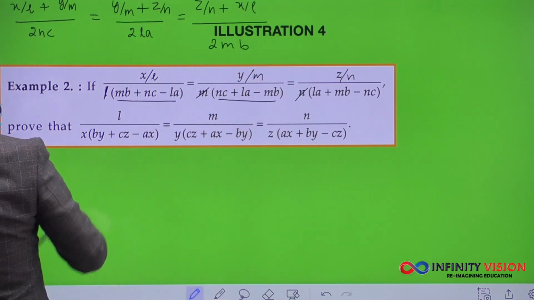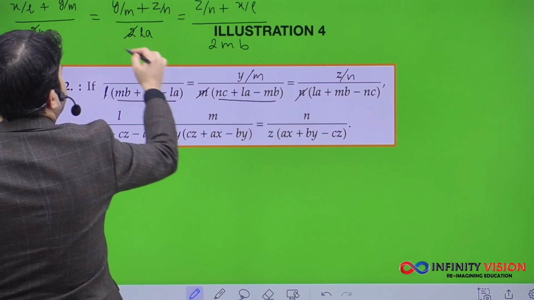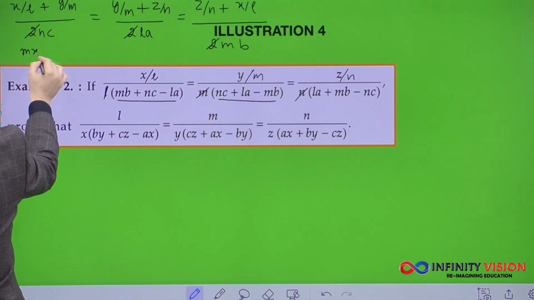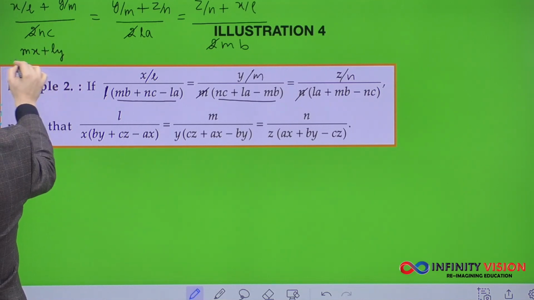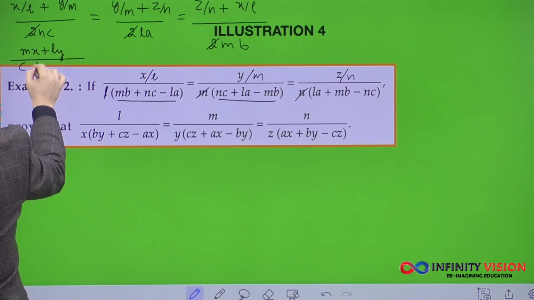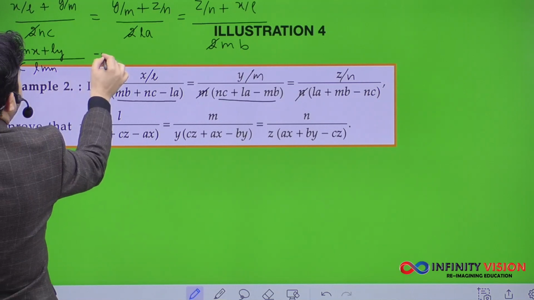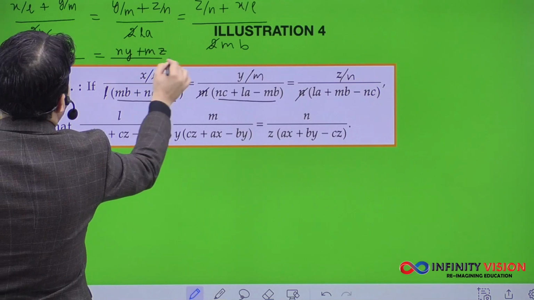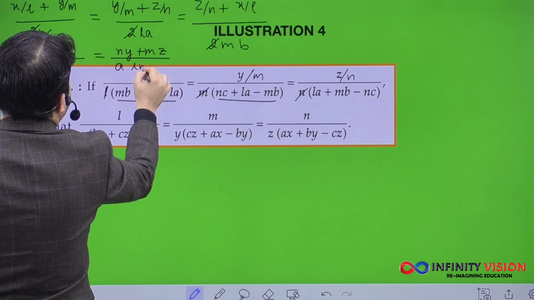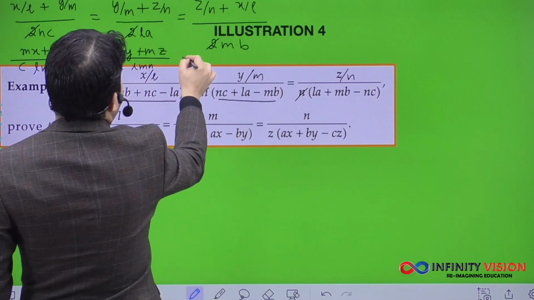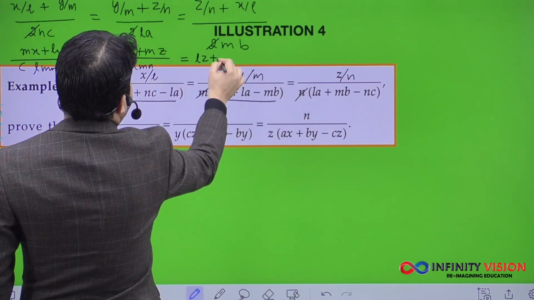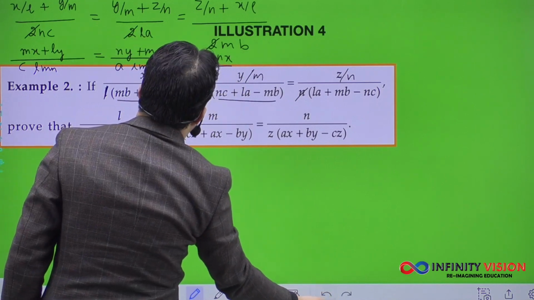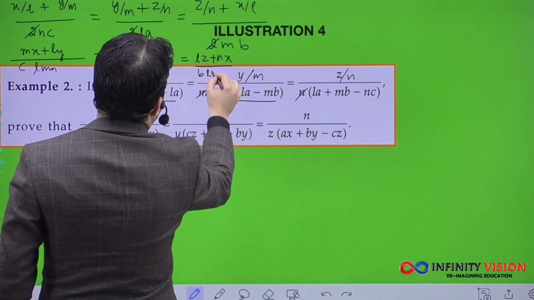Now all the three ratios have 2 common, so I'll just remove 2. I'll write it as (mx plus ly) upon c into lmn, and this can be written as (ny plus mz) upon a into lmn, which is also equal to (lz plus nx) upon b into lmn.